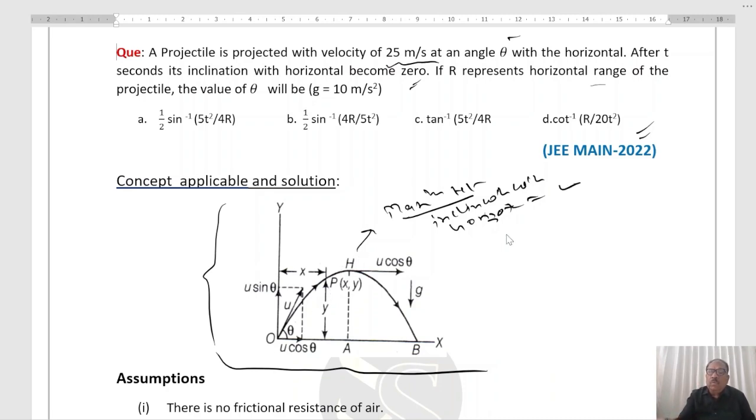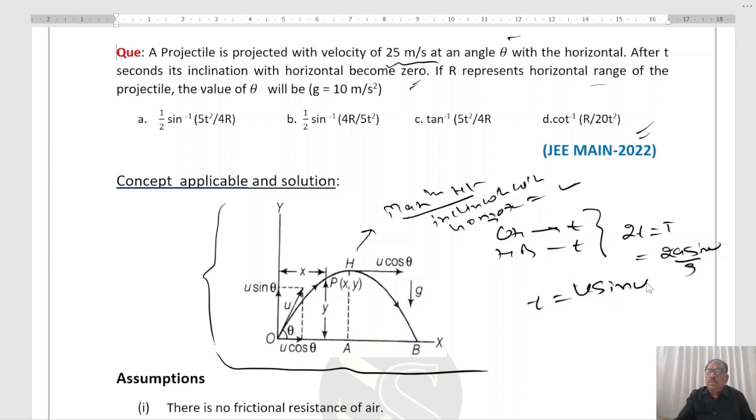Time taken from O to H is t and H to B is t. Time of flight is 2t, that is equal to 2u sin theta by g. So t comes out to be u sin theta by g. This is equation 1, right?